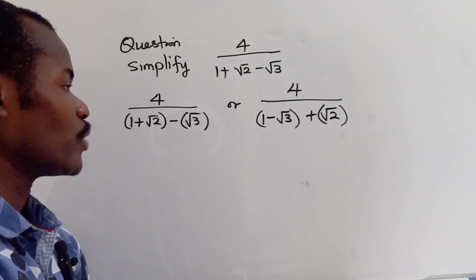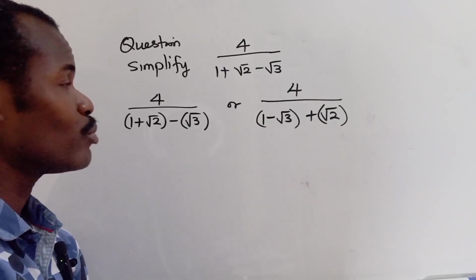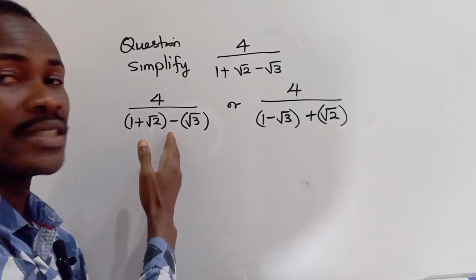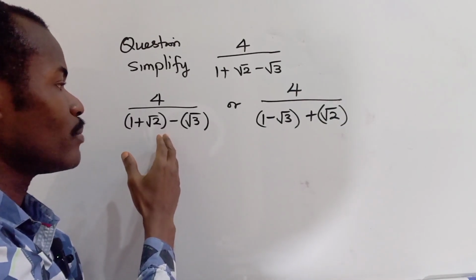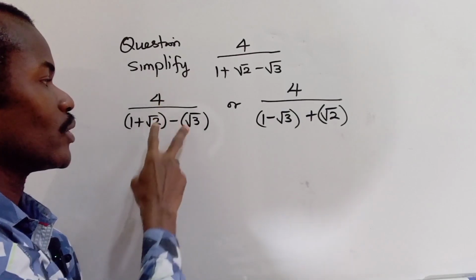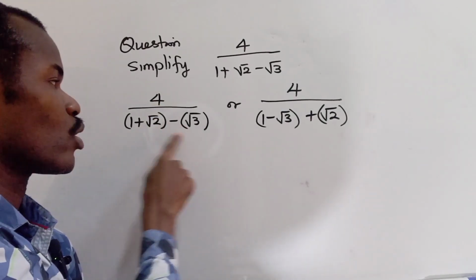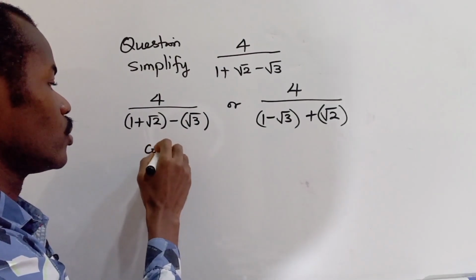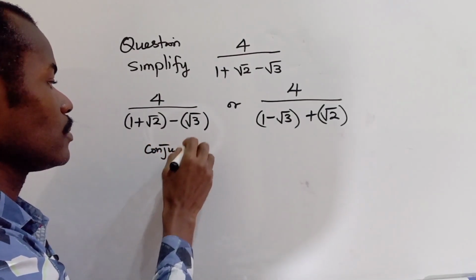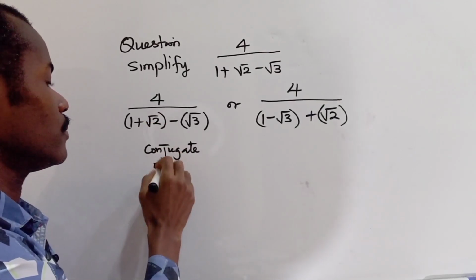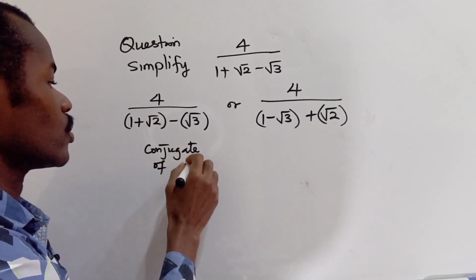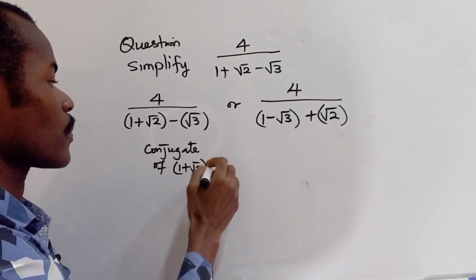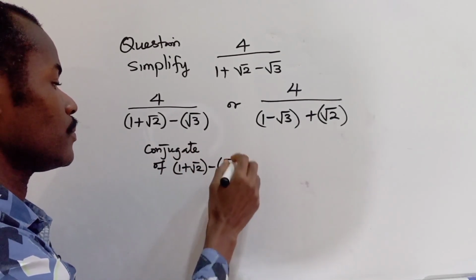Now, if you look at what we have, we are simply going to multiply. Let's use this to solve the problem. We are simply going to multiply the numerator and the denominator by the conjugate of this. The first step is we want to know the conjugate of 1 plus root 2 minus root 3.